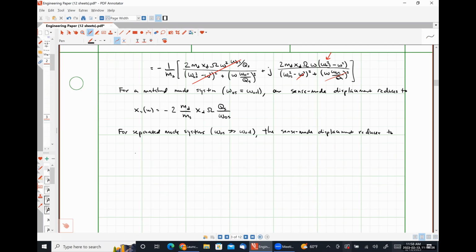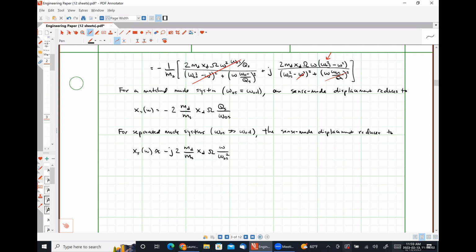What we're going to wind up seeing is a sense mode displacement of approximately negative j twice MD over MS times XD capital omega lowercase omega over omega naught S squared.